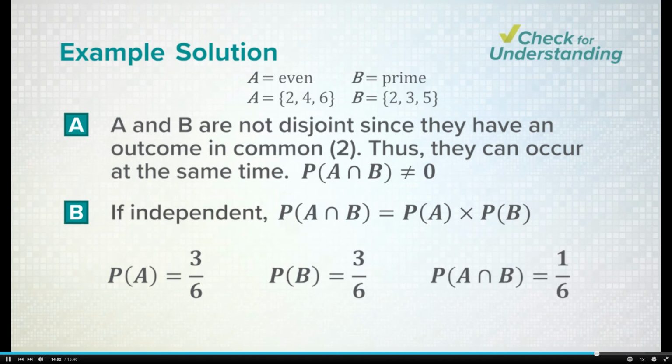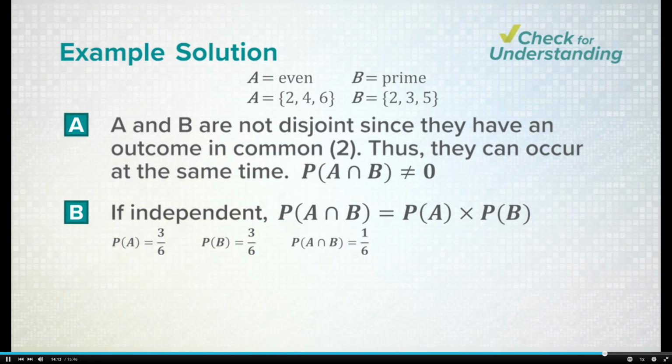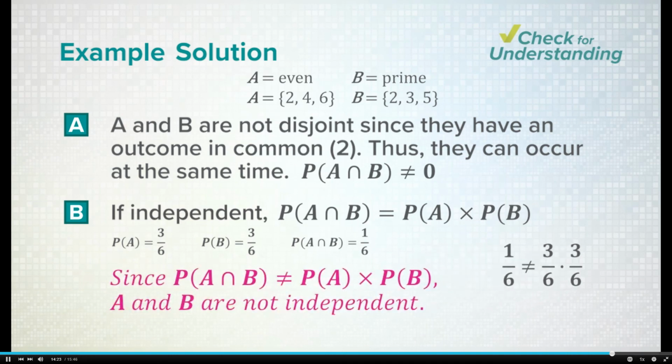Remember, that's the probability of rolling a 2. So there's only one way out of 6 to roll a 2. Let's substitute these probabilities to see if it satisfies our independent condition. Does 1/6 equal 3/6 times 3/6? No, it does not. Since the probability of A and B does not equal the probability of A times the probability of B, the events are not independent.